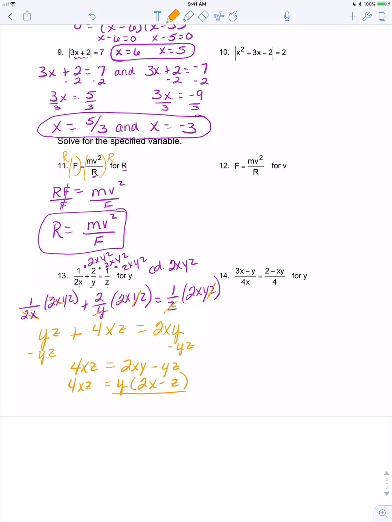And then we've created that y is multiplied times that whole term. So if I divide by that whole term, I'm going to leave that y over there by itself. So this leaves me with 4xz over 2x minus z is equal to y. Final answer. So hopefully you remember some of that and you're able to get through that homework.